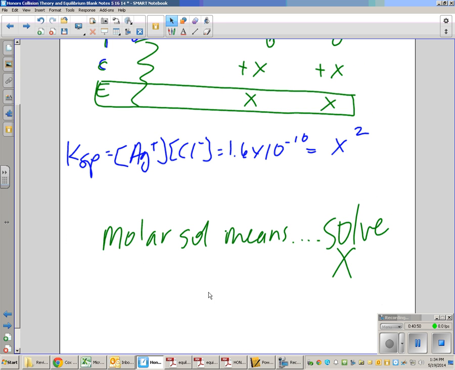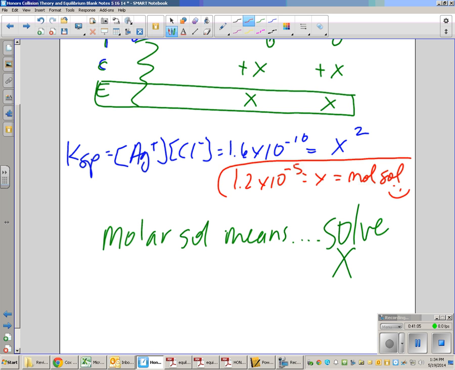Okay, yeah, that wasn't right. 1.2 times 10 to the negative 5 is equal to x. And that equals molar solubility. And that's molar, by the way. Yay! After you get through Kas and Kbs, this is not so bad.